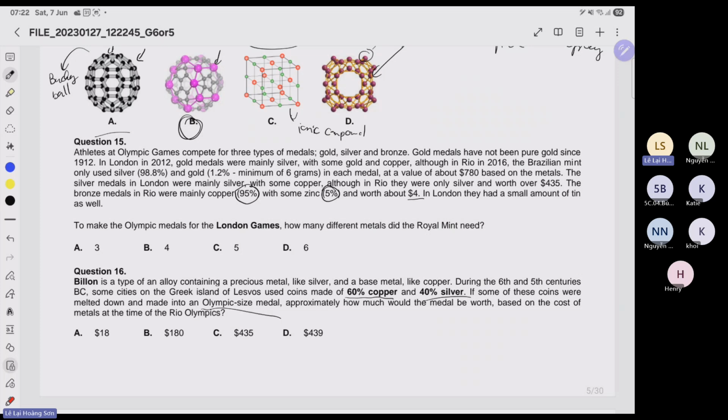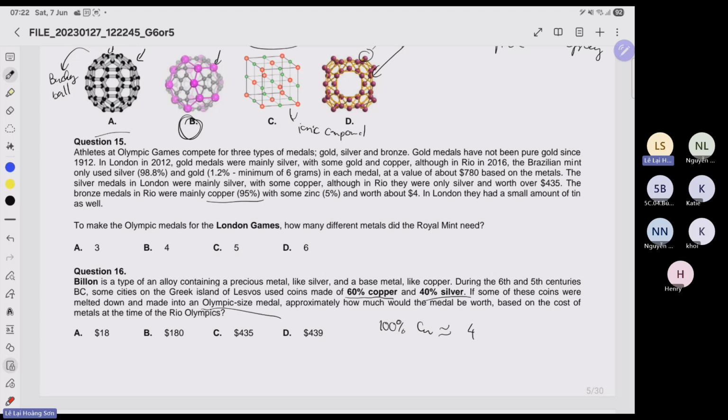It was around $4. So it means when you use 100% copper, it's going to cost you a little bit less than $4, maybe 3.9, because we have some zinc as well. What we can assume is that this is almost 100% copper already. So you can assume 100% copper will cost you around $4.